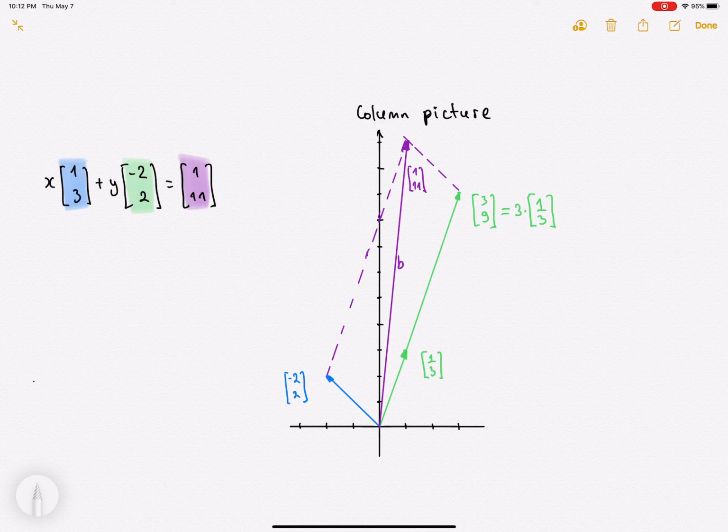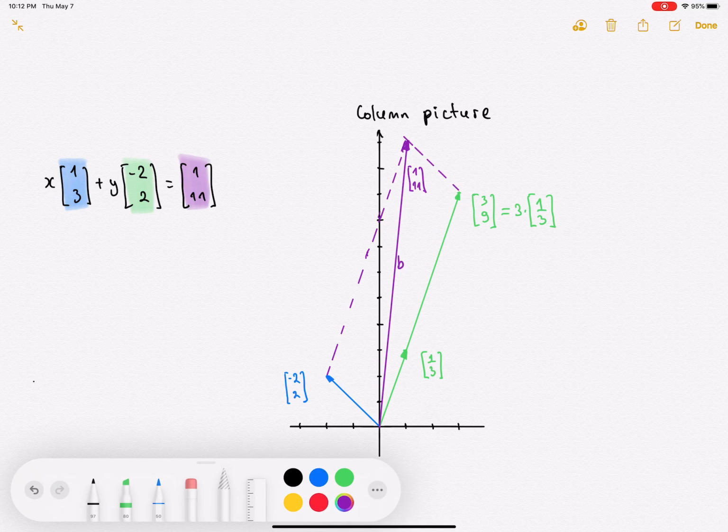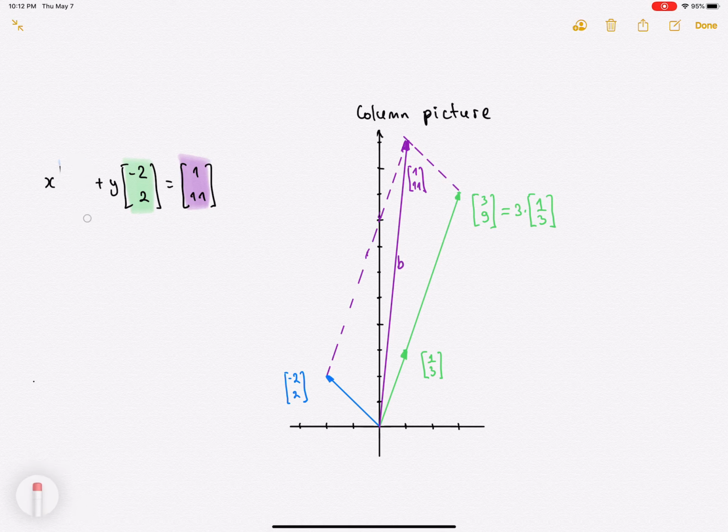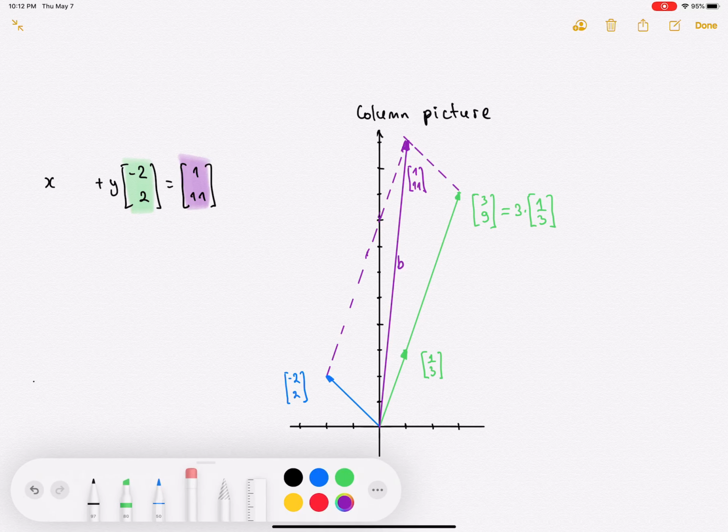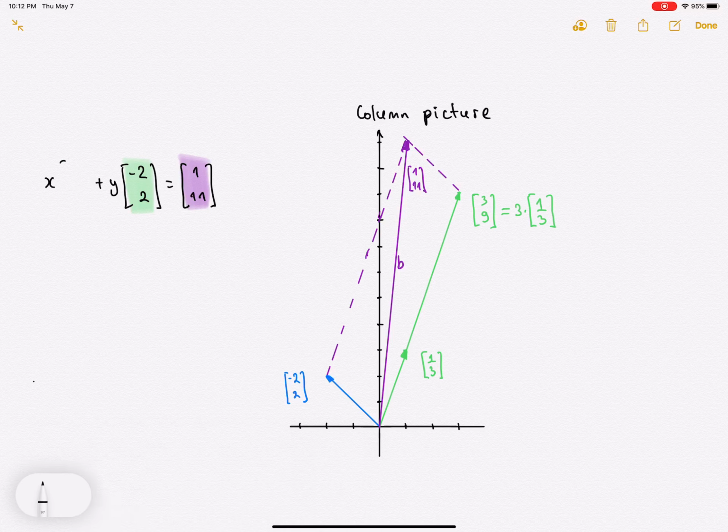And if you see now on the right-hand side where we actually have the picture, the vector 1, 3, oh, I guess I mixed these up. My bad. Blue and green really need to switch places here. Okay, let's fix that real quickly.